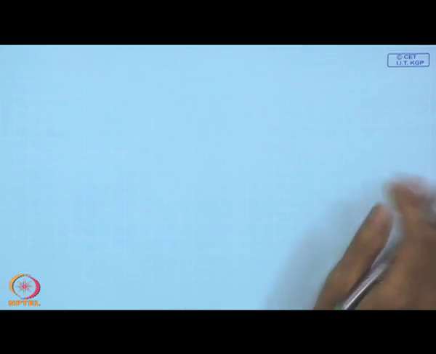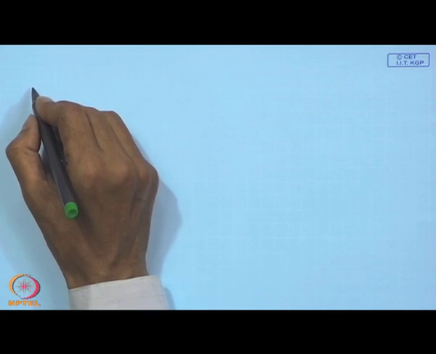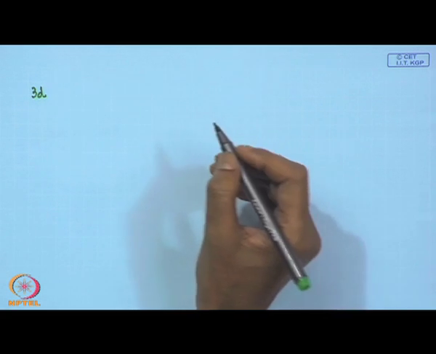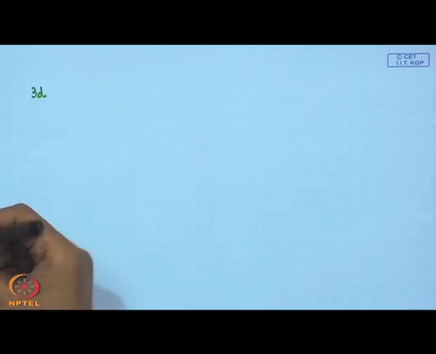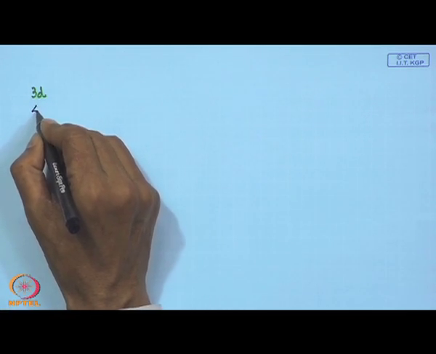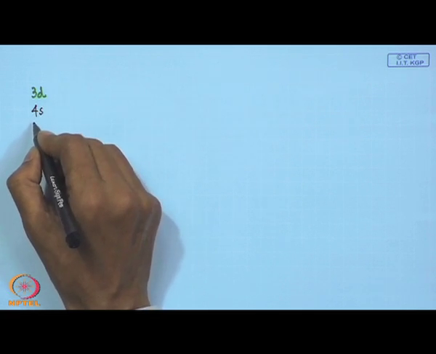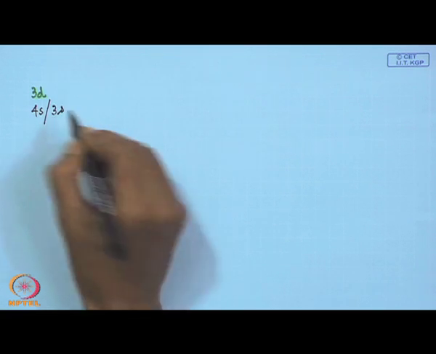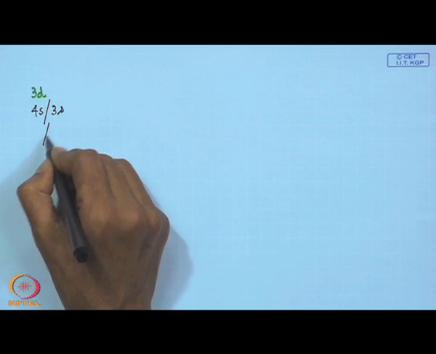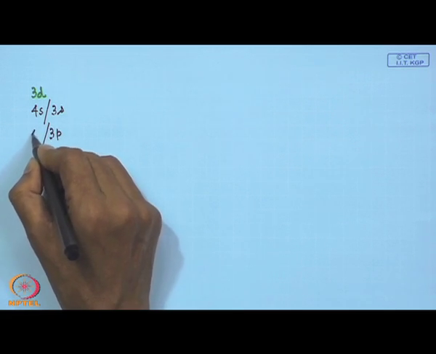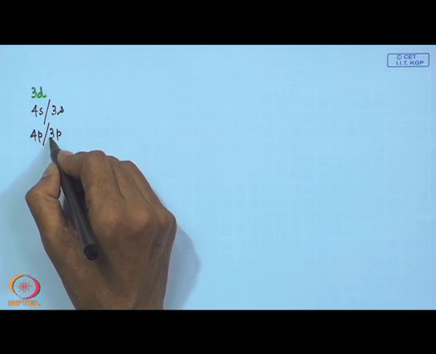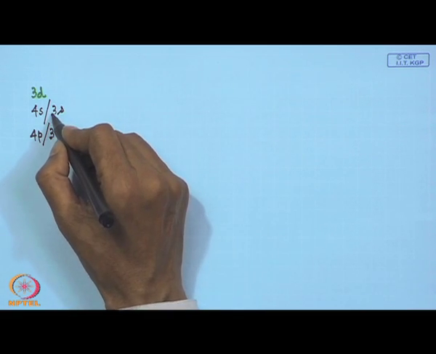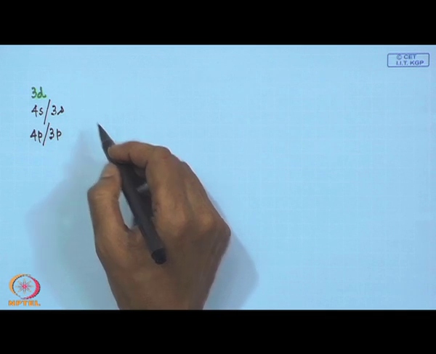So, while talking about the crystal field theory, we have the 3d orbitals. Now, along with these 3d orbitals, we should have the other orbitals, that means the 4s orbital, or in some cases the 3s orbital or 3p orbital or 4p orbital, depending upon the energy of these orbitals and their availability for the system.